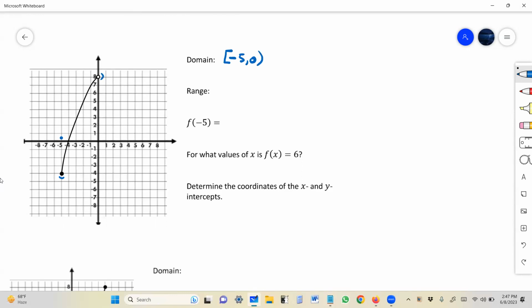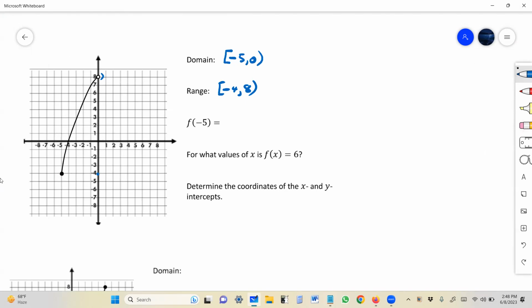So here is the domain. For the range, we do the same thing, but from top to bottom. So the smallest y is -4, and the largest y is 8. At -4, the point is closed. At 8, the point is open. Okay, so that's good.